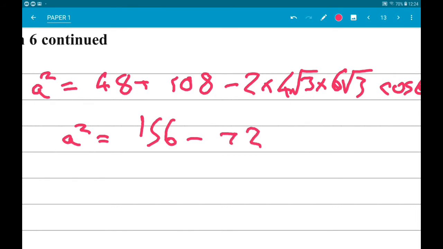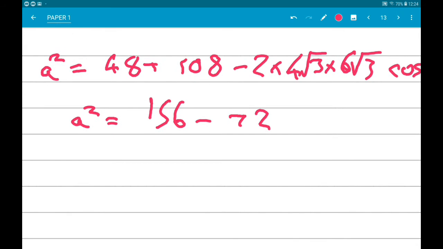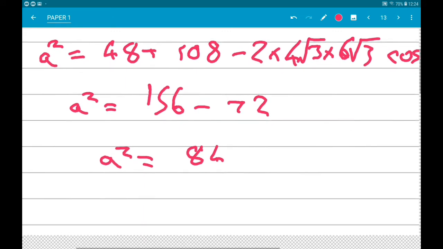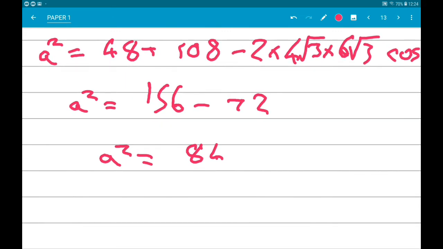So, a squared is 84. So, a is root 84, which is root 4 root 21. So, 2 root 21.